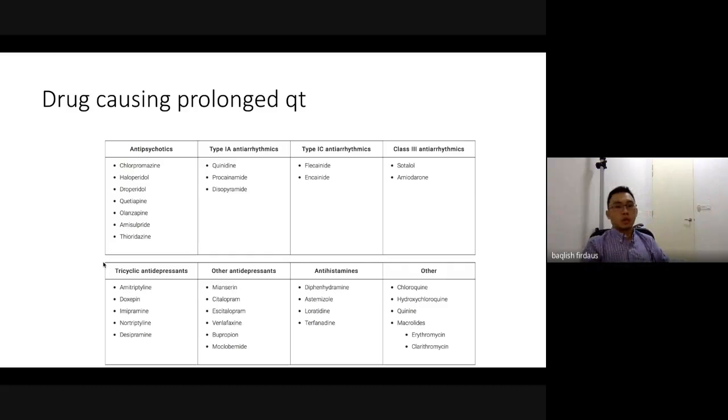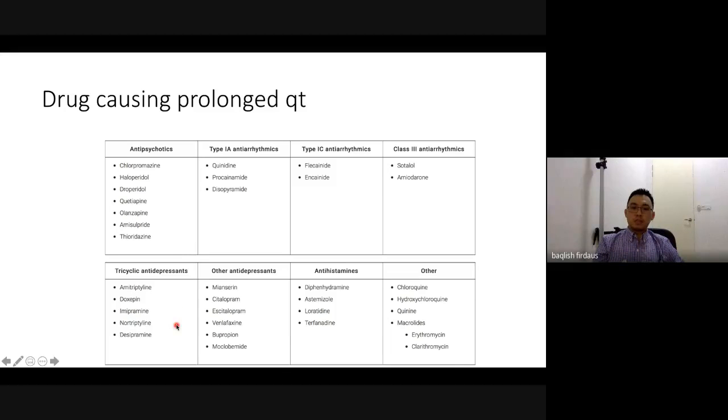What drugs cause prolonged QT syndrome? Sometimes Dr. Nizam will call me because his patient is on, let's say, haloperidol or quetiapine because of schizophrenia, and they can develop prolonged QT. Sometimes psychiatric patients can develop VT because they have prolonged QT syndrome because of the drug.